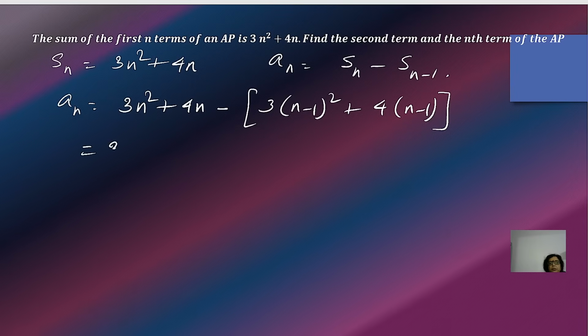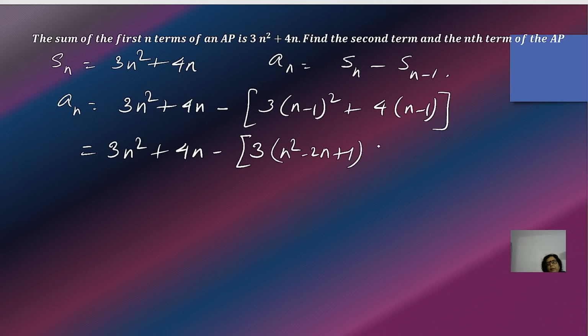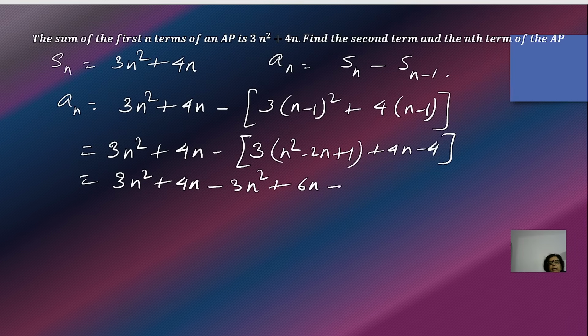So this becomes 3n squared plus 4n minus 3 into, now if we open up the bracket here, we'll get n squared minus 2n plus 1, expanding using (a minus b) the whole squared, plus 4n minus 4. Now again, opening the complete bracket with a minus sign outside, we'll get minus 3n squared, plus 6n, minus 3, plus 4, again minus 4n and plus 4.